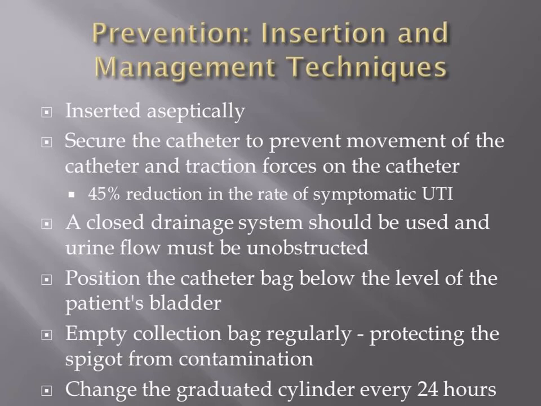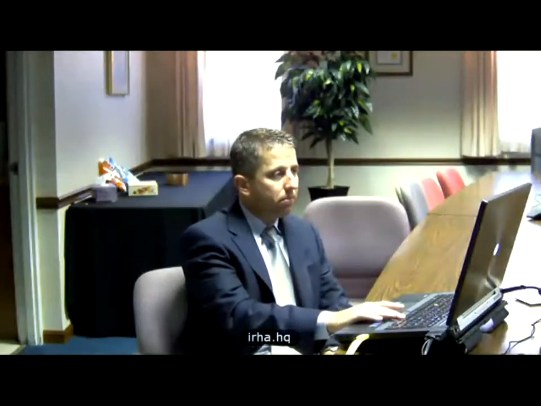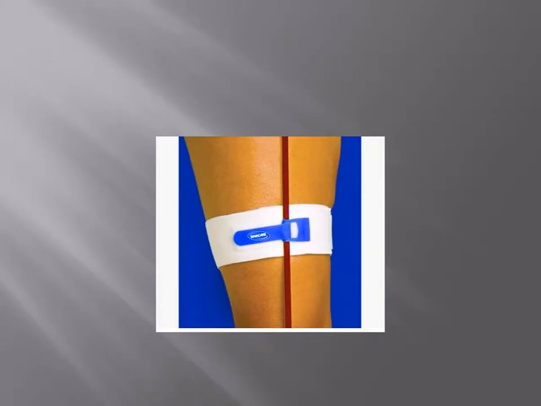The bag needs to be placed below the level of the patient's bladder. And it's good to empty the collection bag regularly and prevent the spigot from becoming contaminated. And all this will hopefully decrease the amount of urinary tract infections that people see in the hospital. And here's just an illustration as to how the catheter can be secured to the patient's leg.